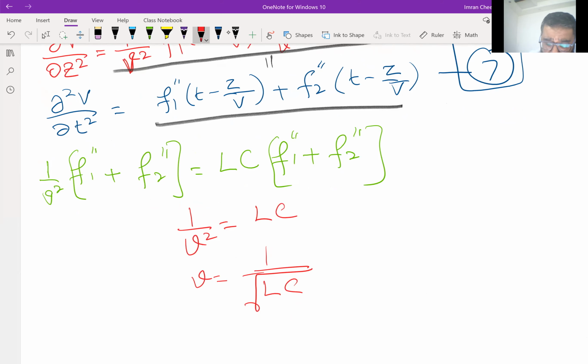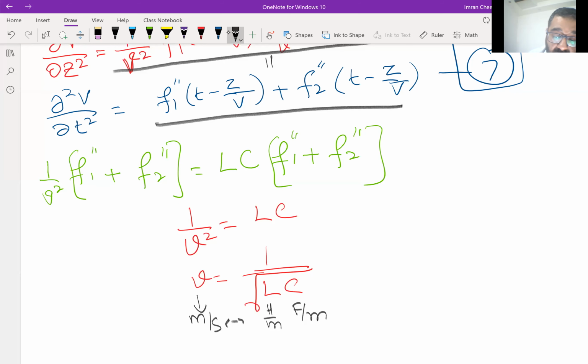Now you would think about it. Oh, L and C, inductance and capacitance, they are in Henry per meter and Farad per meter, and this guy is in meter per second. How come it's true? So actually, I will leave it to you. Do the unit analysis and see that once you take the square root of this guy, this is indeed meter per second.